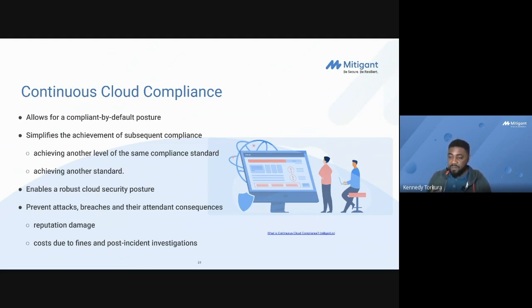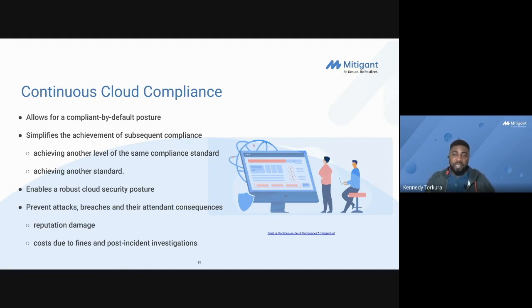And this has a lot of benefits. One of the major benefits here is that it simplifies the effort you need to go from one compliance benchmark to the other. Because as it turns out, most of the compliance standards or benchmarks have overlaps.